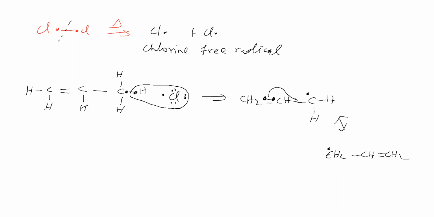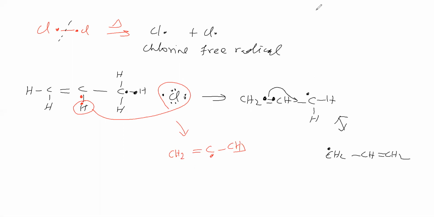What is another possibility that we will see? This is having two dots. This H dot takes Cl and becomes HCl. Therefore, we will get CH2 double bond C dot CH3. For this, resonance is mostly not possible.